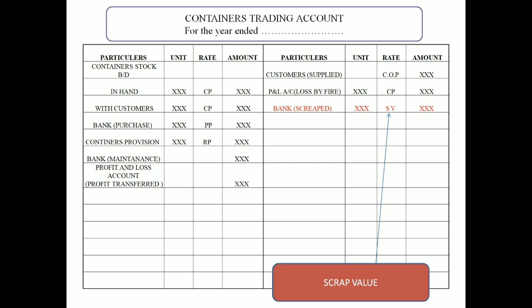If there is any type of income that you are receiving from the scrap situation, you are valuing it at SV, that is called scrap value. On the basis of scrap value, the rate is the scrap value based on which you have to calculate the amount.